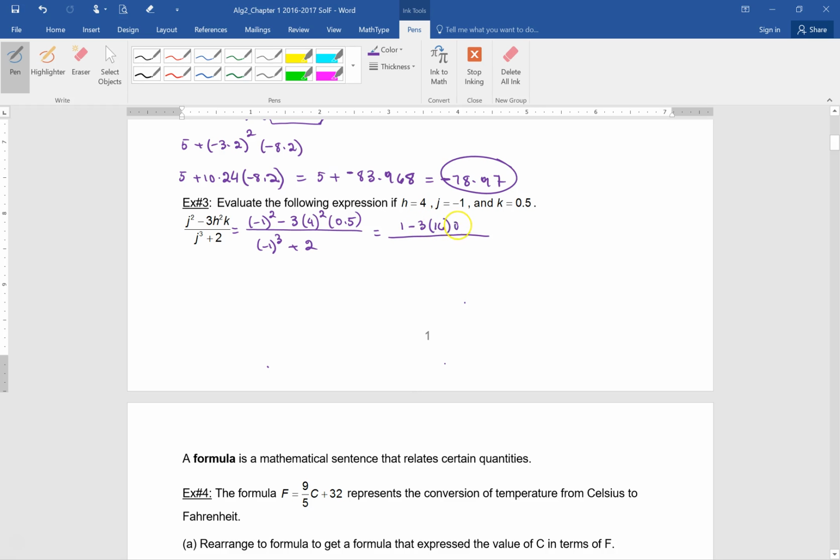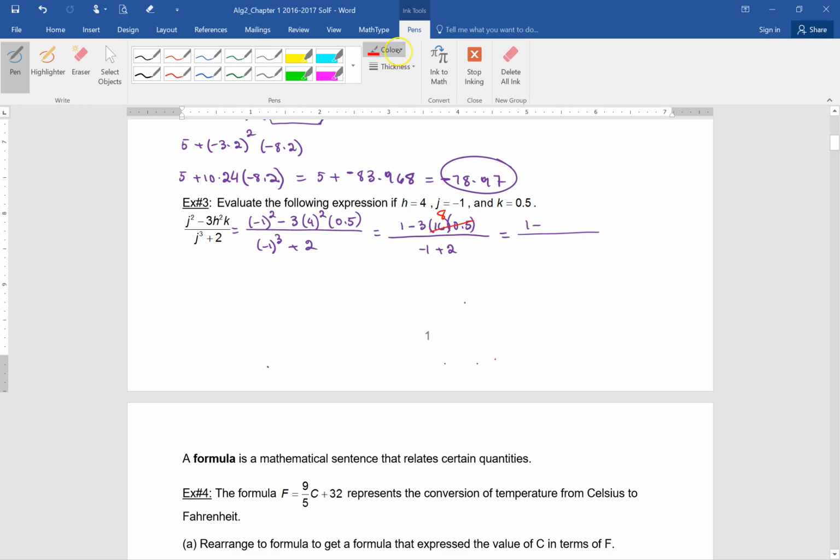Okay, so minus 3 times, what's 4 squared? 16 times 0.5 over what's negative 1 cubed going to give me? Negative 1 plus 2. So now, 1 minus, so how do I do this? It's up to you. You can do 3 times 16 and then times 0.5. Or you can do 16 times 0.5. What'll that give you? 8, because 0.5 is a half, so half of 16 is 8.